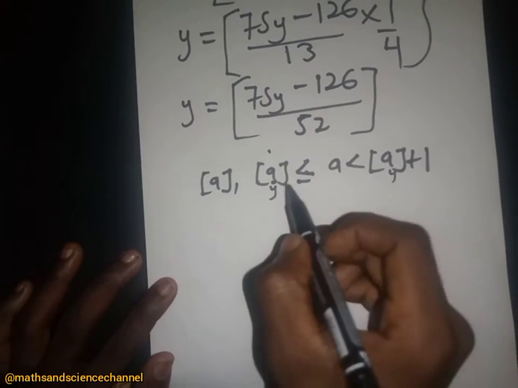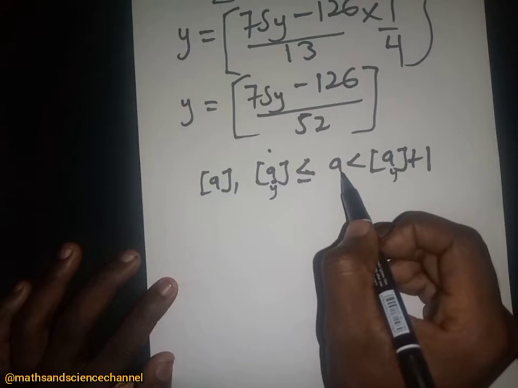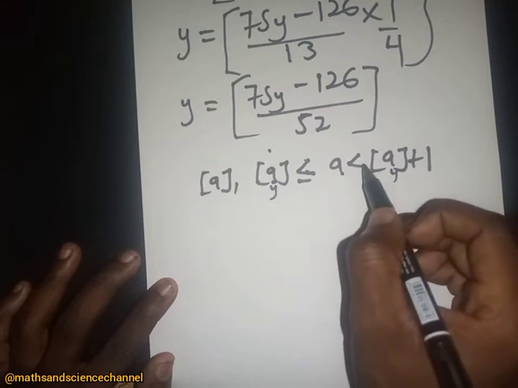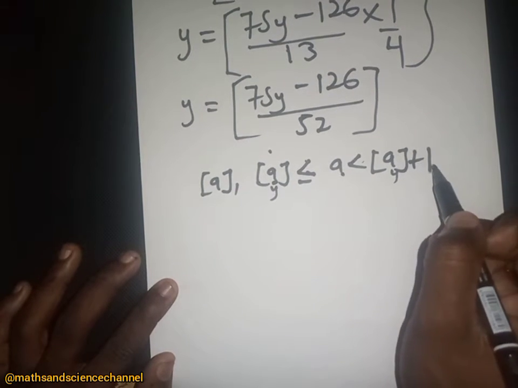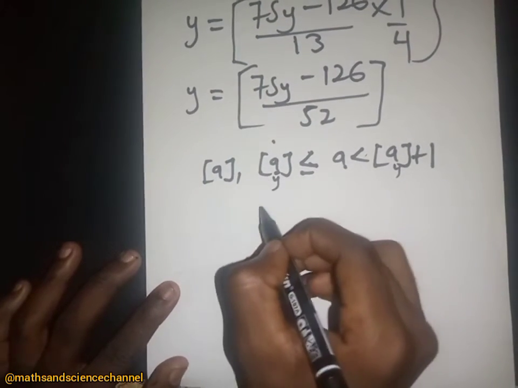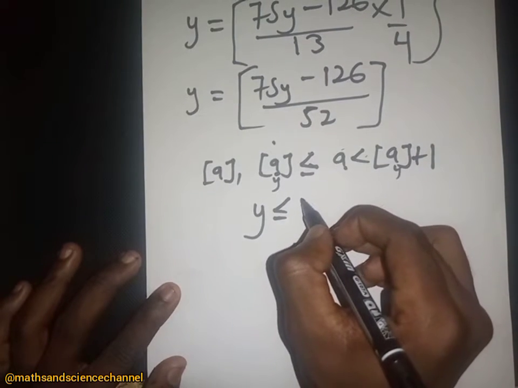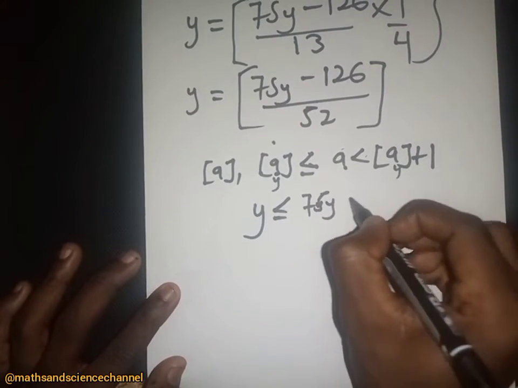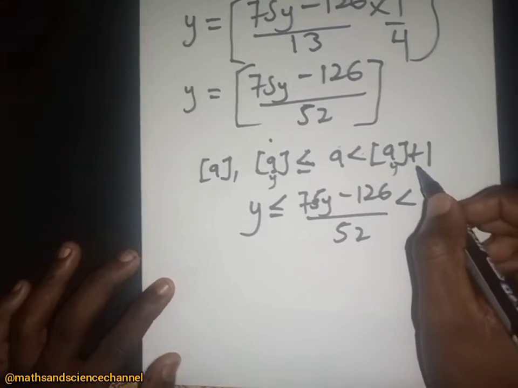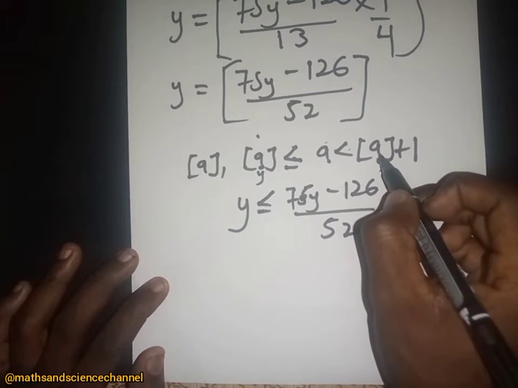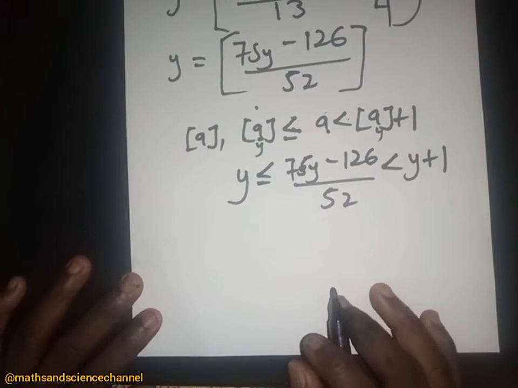So over here we are saying that this part should be less than or equal to a, which is still y, then should be less than a plus 1. So we just have y less than or equal to (75y minus 126) divided by 52, then also less than y plus 1. So this is what we have.